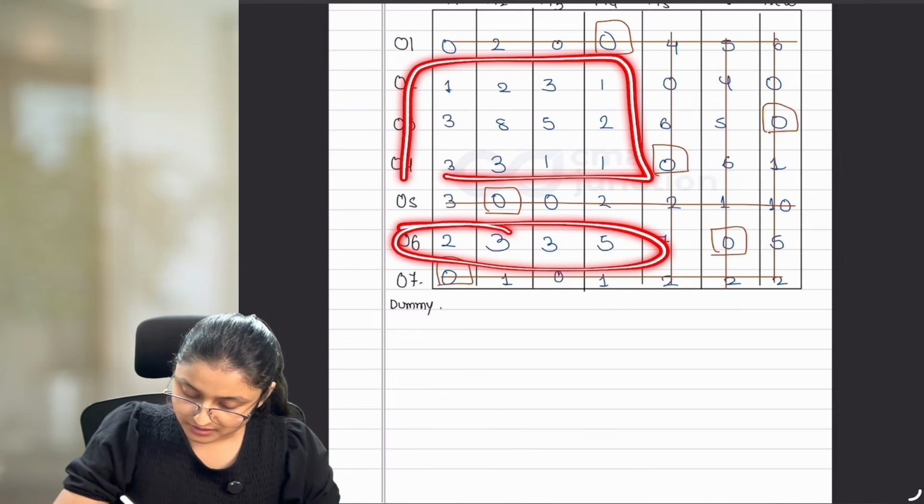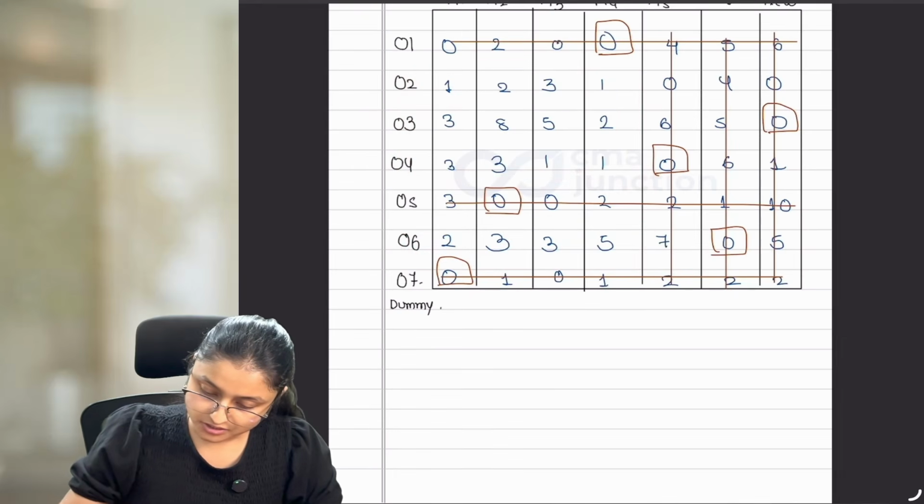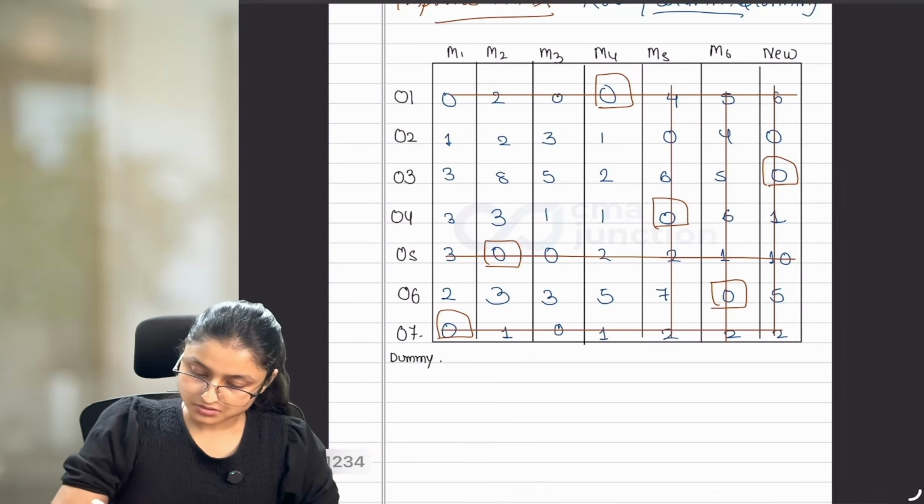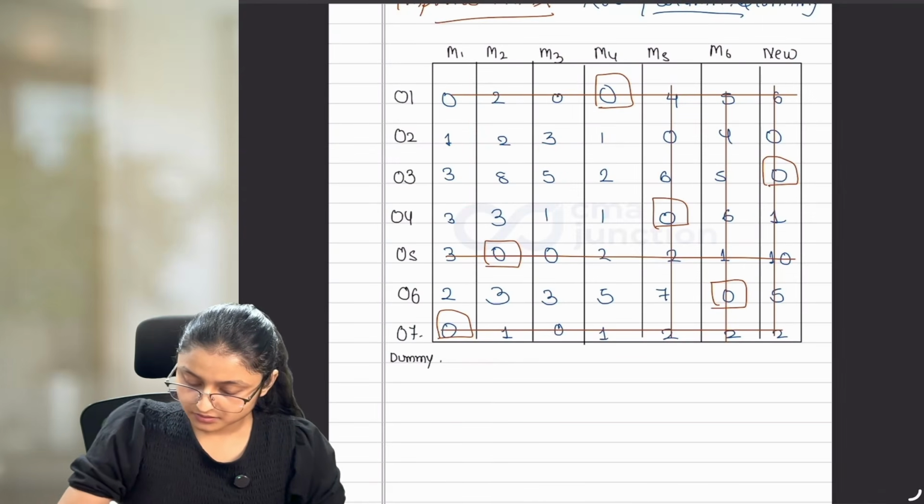From all these, the least value is 1. Reduce it from all the uncovered elements. 0, 1, 3, 0, 0, 1, 2, 0. In the second row, 0, 1, 2, 0. Then 3 minus 1 is 2, 7, 4, 1.